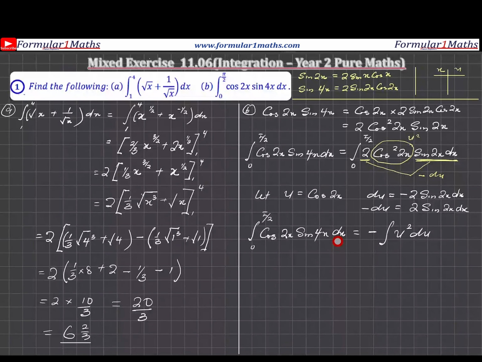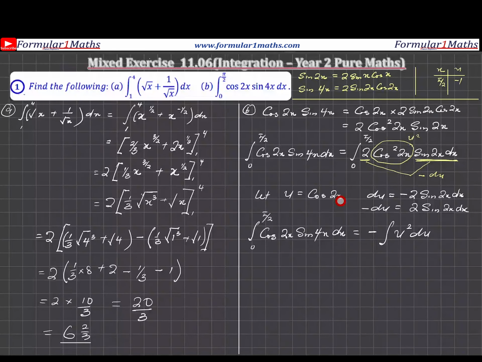When x is pi on 2, if I put pi on 2 here, I'll get 2 times pi on 2. That gives me pi, and cos pi is minus 1. So the u will be minus 1. And then if I put 0 over here, I get cos 0.